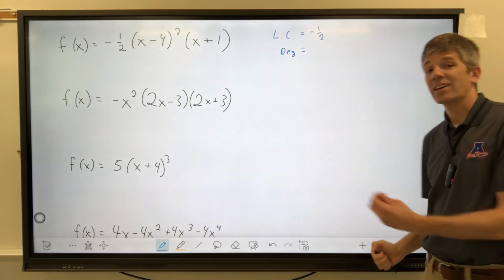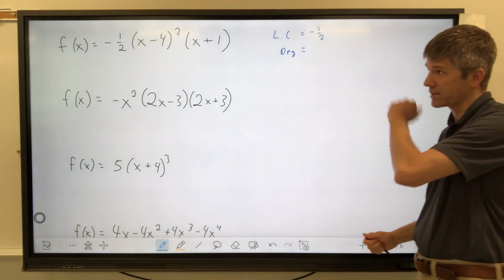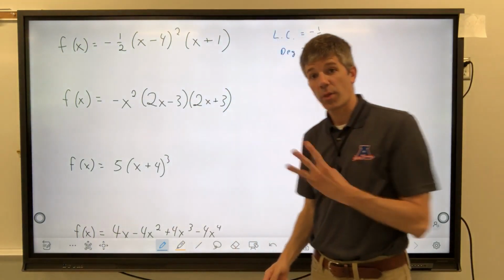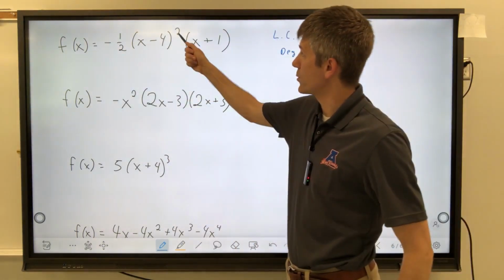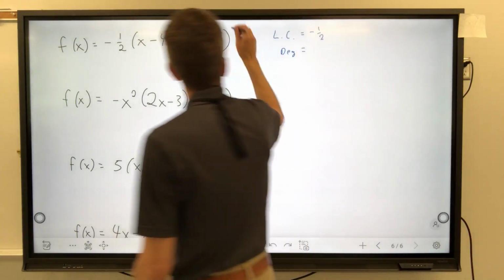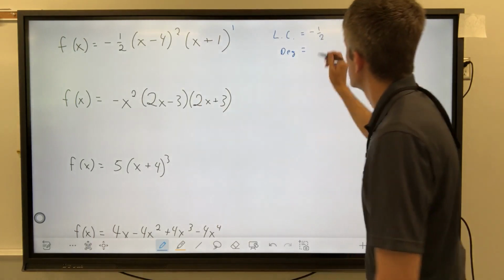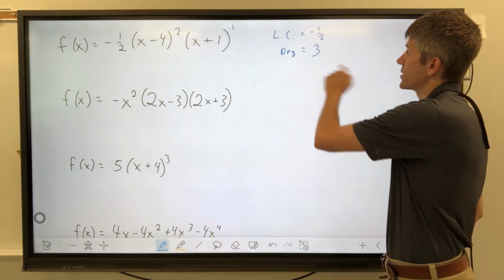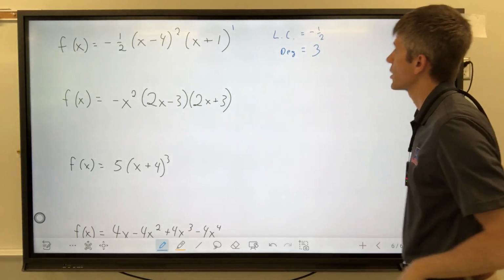Well, the highest exponent you'll ever get on your x in this situation is x squared, and x, which makes x to the third. I do recommend that you look at that and that, right? Whoa, that should be a 1. That's a tragic looking 1. There we go. So 3, the degree is 3. So we have an odd degree and a negative leading coefficient.